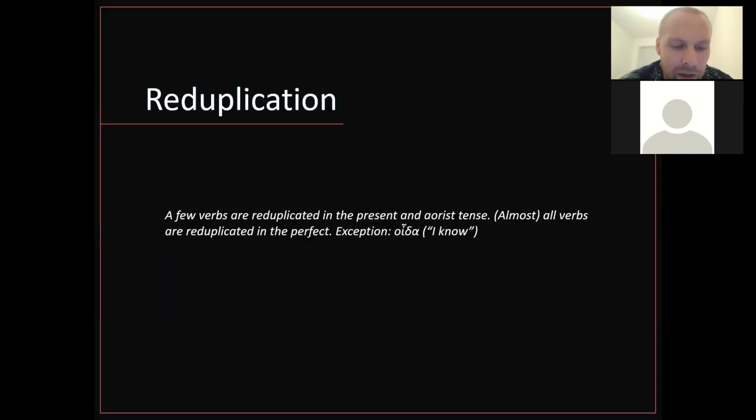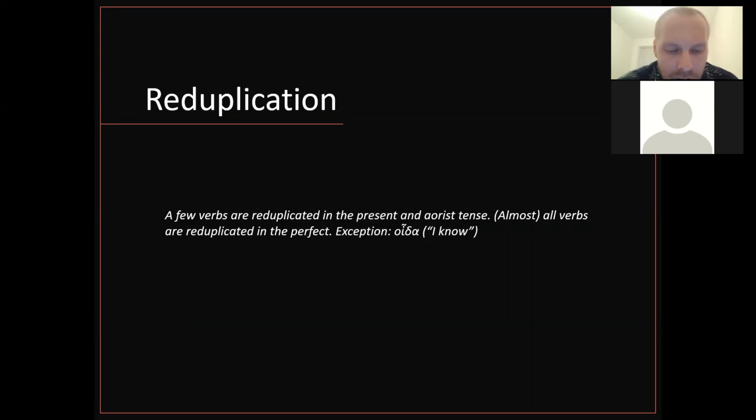So if we begin with the reduplication, we may note first that the reduplication is actually not a characteristic feature only of the perfect tense, but in classical Greek, some aorist and even some present tense verb forms are reduplicated.